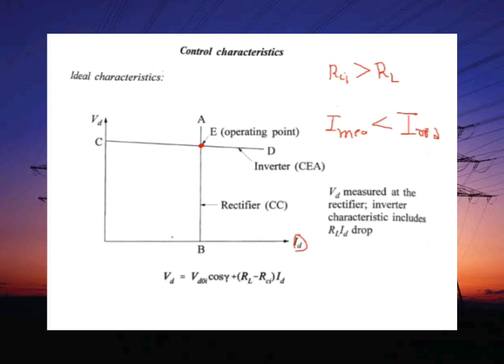When the tap changer is moved, the constant extinction angle control of the inverter regulates quickly to restore the value of gamma, and as a result the direct current changes, which is then quickly restored by the current regulator of the rectifier.